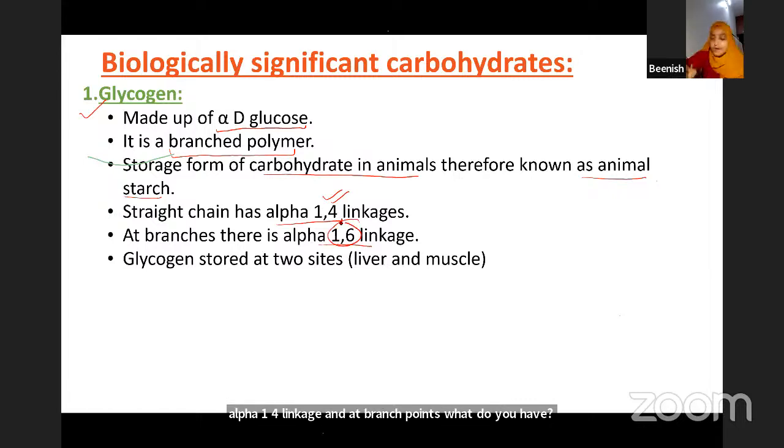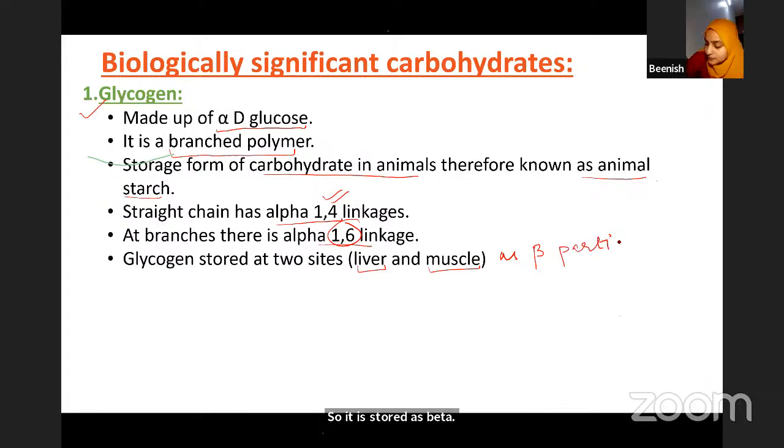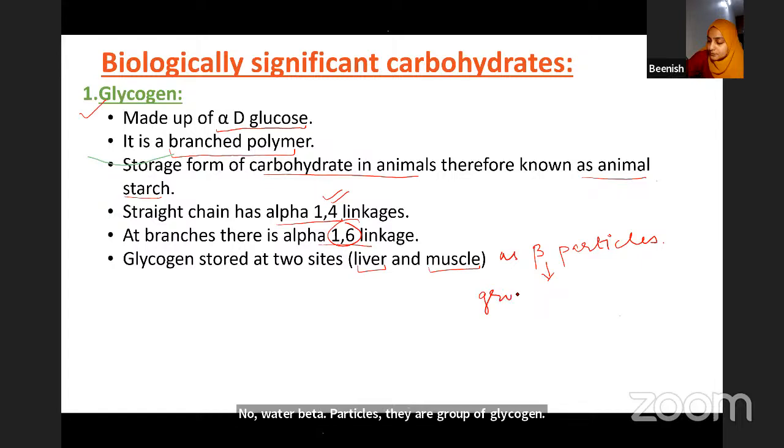Now glycogen is stored at two sites. We've already studied that you have liver glycogen and muscle glycogen, and it is stored as beta particles. Now, what are beta particles? They are groups of glycogen.